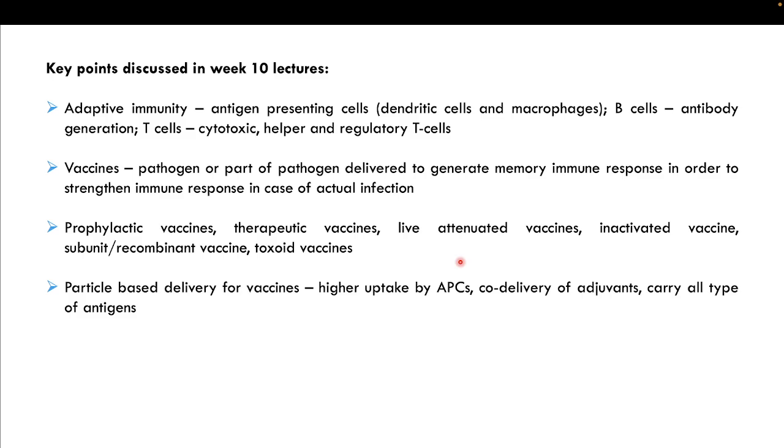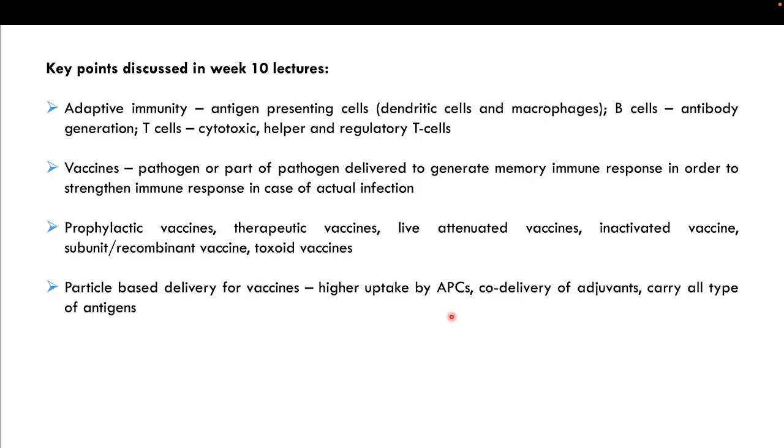We can develop micro or nano formulations of these vaccines. You take your molecule which is going to act as a vaccine and encapsulate it into a polymer, make microparticles of these, and then deliver. Now your APCs, which are your antigen presenting cells, will have a much higher uptake that will then launch a very strong immune response.